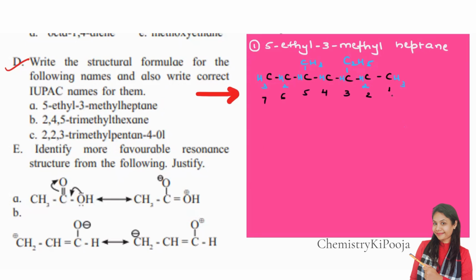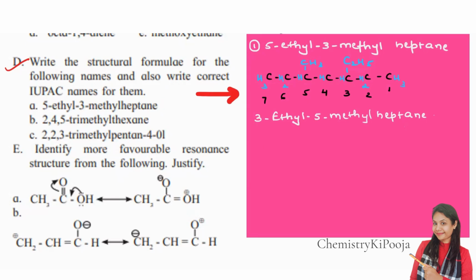So what is the correct naming? Here the naming becomes: on the third position, I have ethyl, then on the fifth position, methyl, and then lastly, heptane. Clear? So this is how we are going to write down the correct IUPAC name following all the rules.